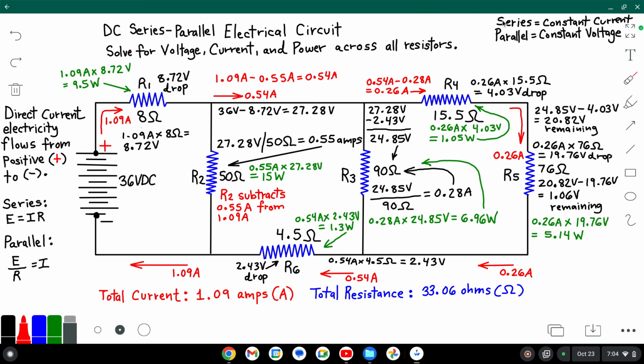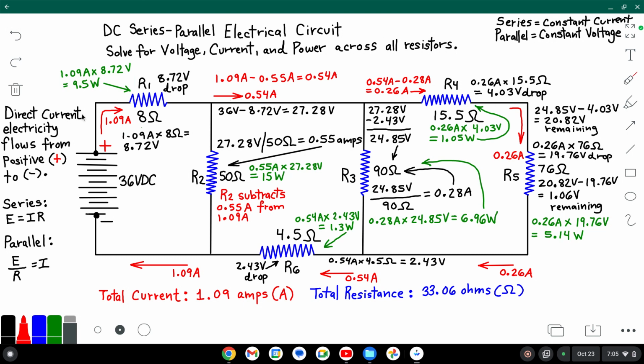Next, series electrical pathways, such as these horizontal pathways, will remain constant current. The very definition of a series electrical pathway is a pathway with constant current.